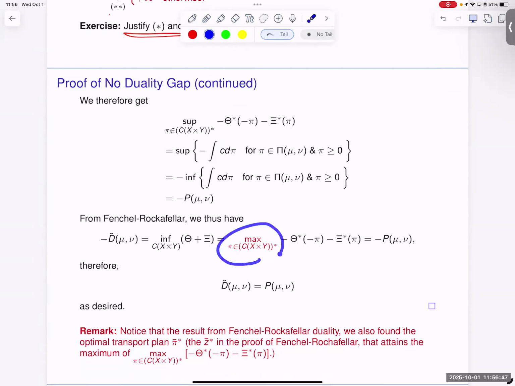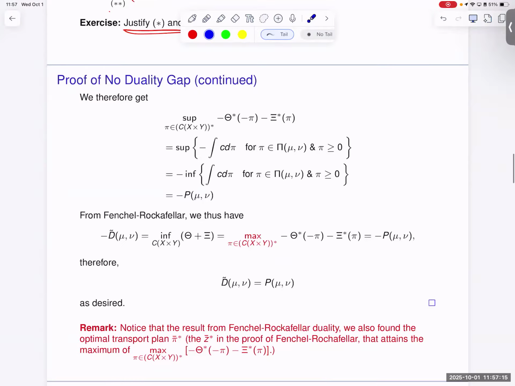Fenchel-Rockafellar duality gives not only the equality between the infimum and supremum, but also attainment on the right-hand side. Namely, you have an actual element in this dual space realizing this maximum value. That actual element is a non-negative measure satisfying the marginal conditions, right?